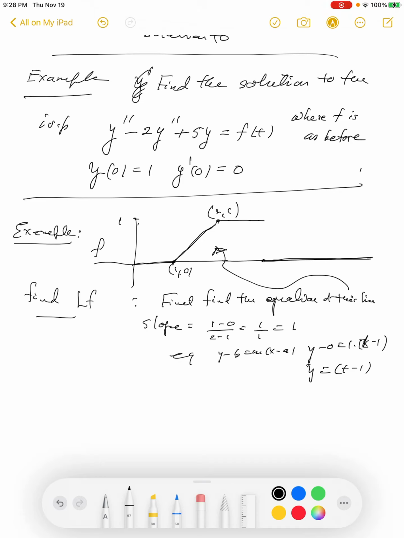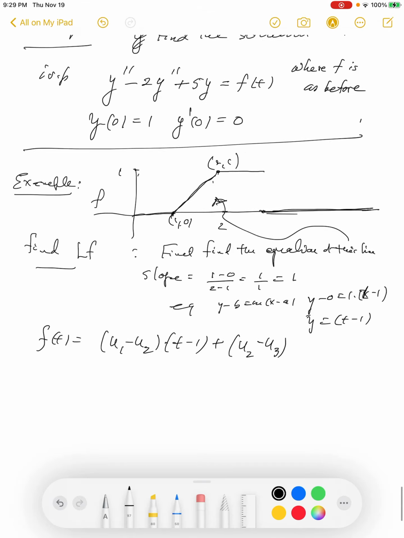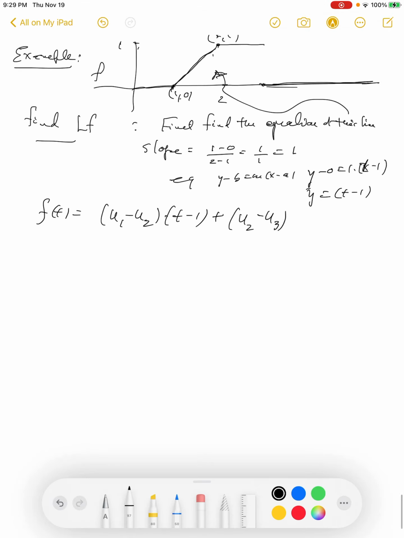So now we can write down the function f(t) as equal to, you want to have a bump between 1 and 2. So you will take u1 minus u2 and multiply it by this function which is t minus 1. Then you want to have another bump between 2 and 3, which will be u2 minus u3, and then nothing. So that's this function. So let's try now to find L{f}.